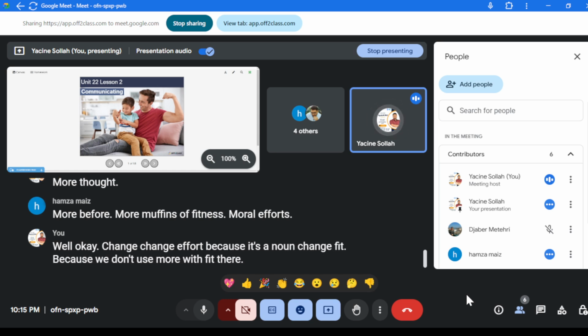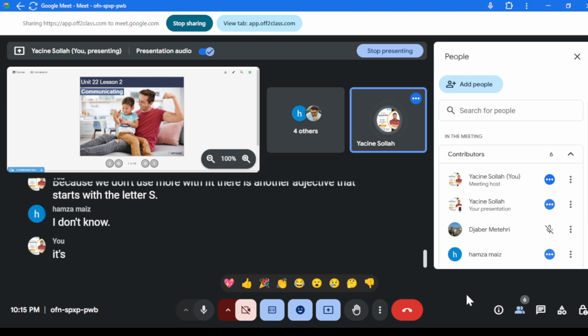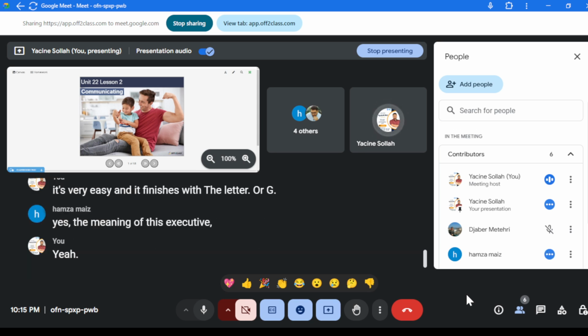There is another adjective that starts with the letter S. It's very easy, and it finishes with the letter G. You can participate, guys.